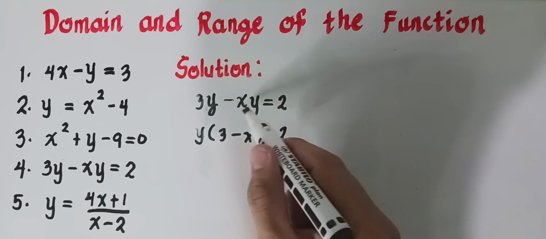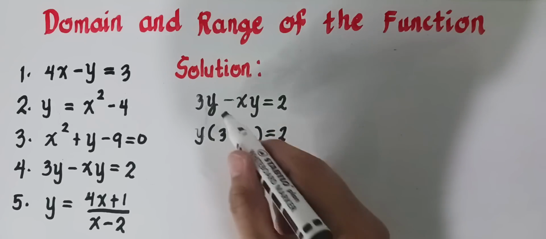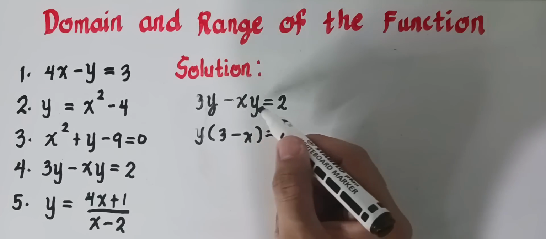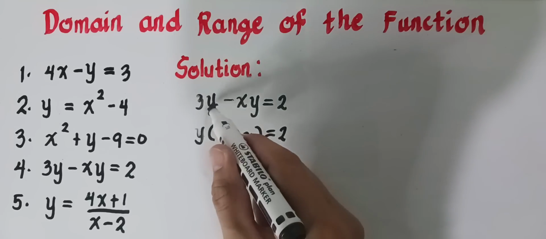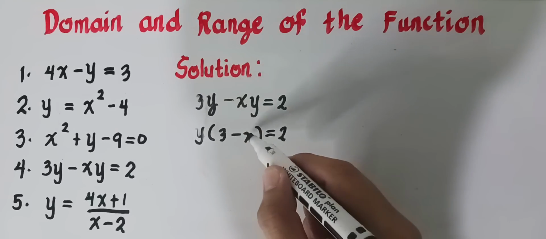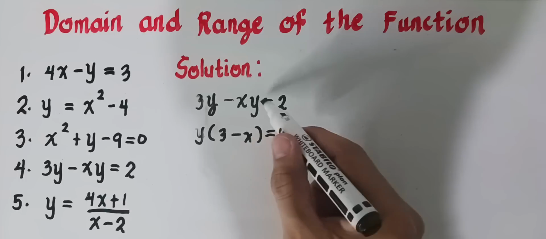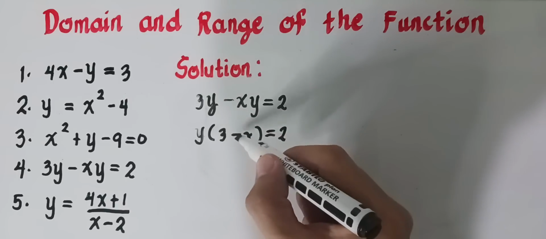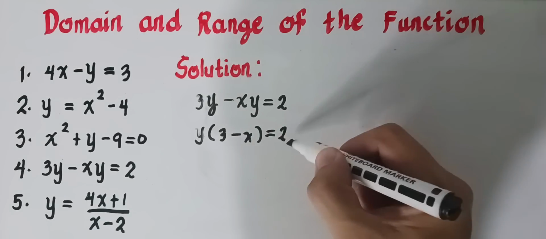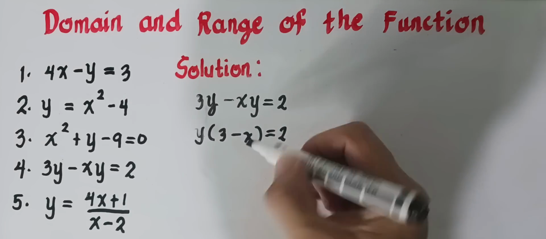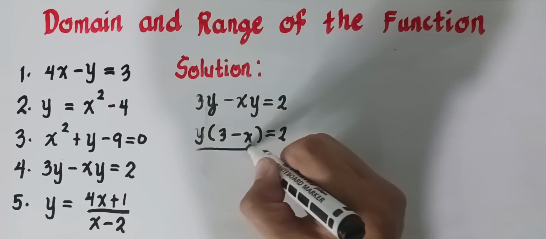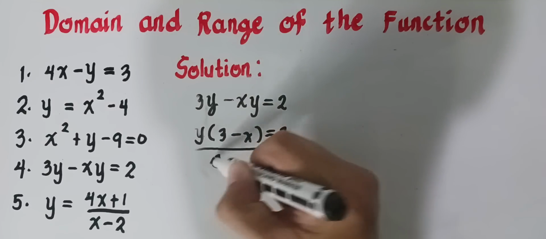Ang common dito ay y, right? So, by common monomial factoring, so y times 3 is 3y. Y times x is xy. Okay? Since negative yan, so minus dito. And then copy 2. And then, of course, i-divide natin by 3 minus x.